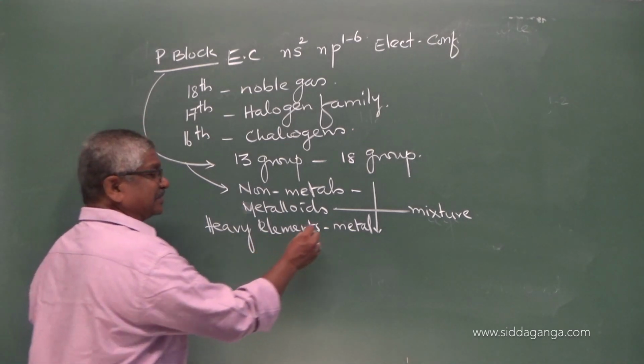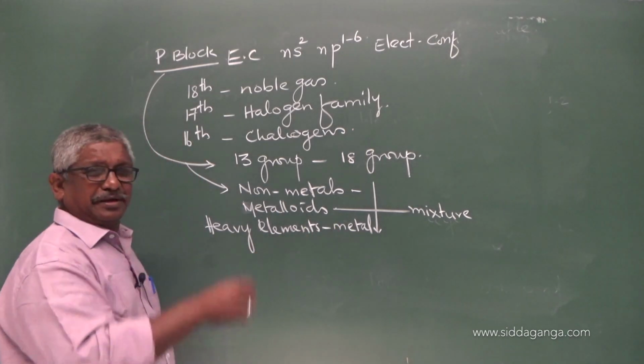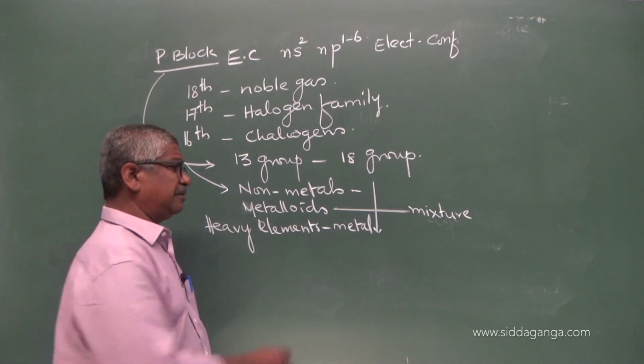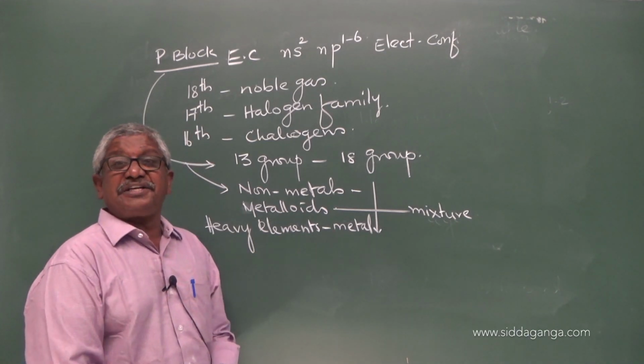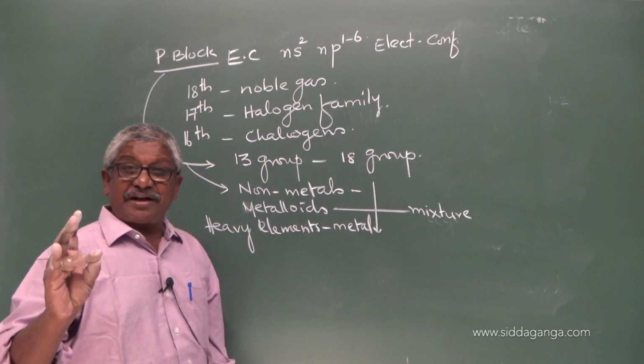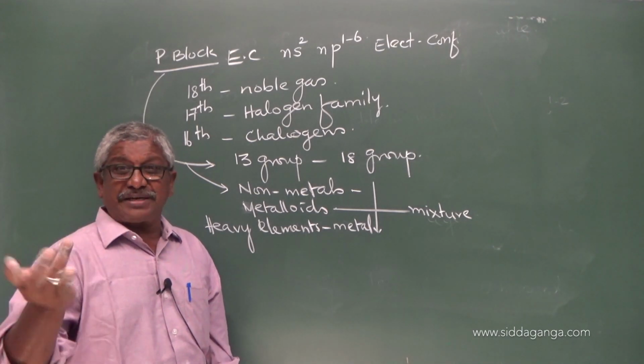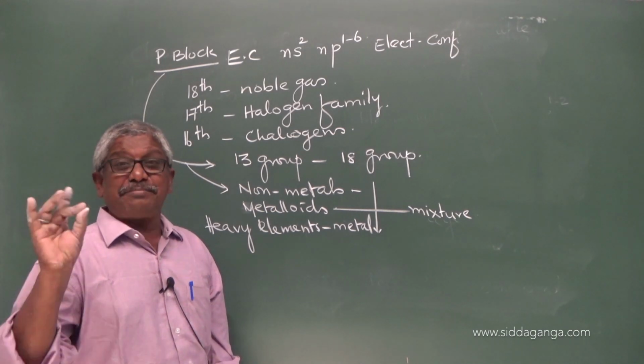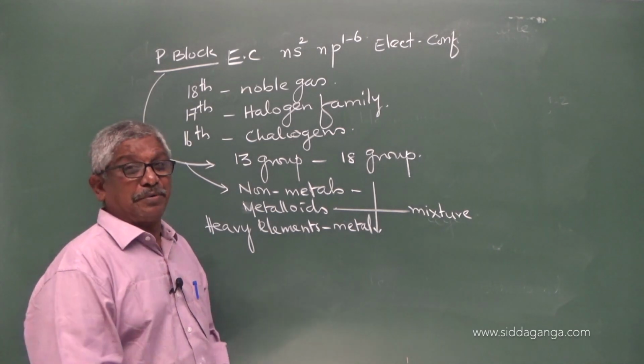The heavy elements at the bottom of the P block are metals. So all three types are available in the P block.